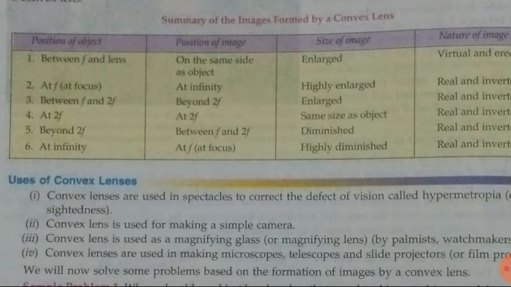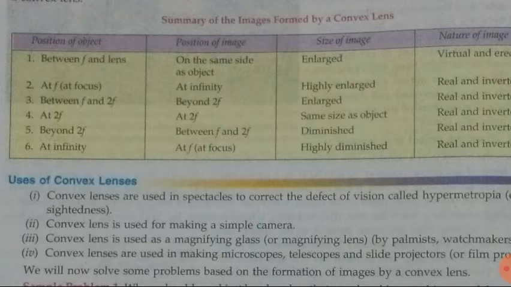When the object is at focus, the image will be at infinity, and it will be highly enlarged. When the object is between F and 2F, the image will be beyond 2F, and it will be enlarged. Fourth case, when the object is at 2F, the image also will be at 2F and it will be the same size as the object.